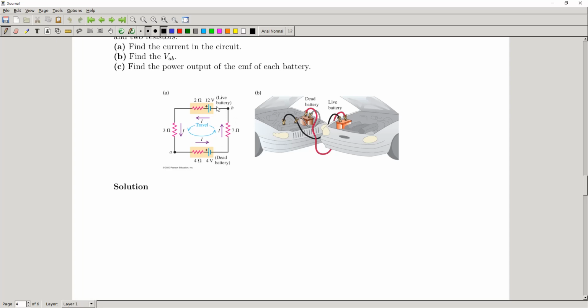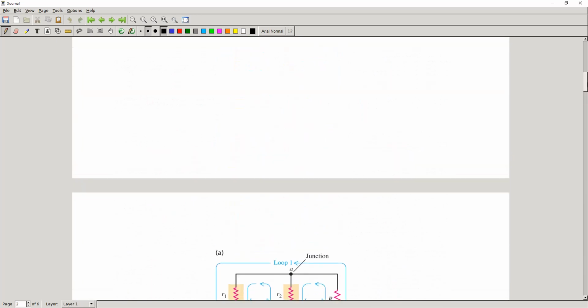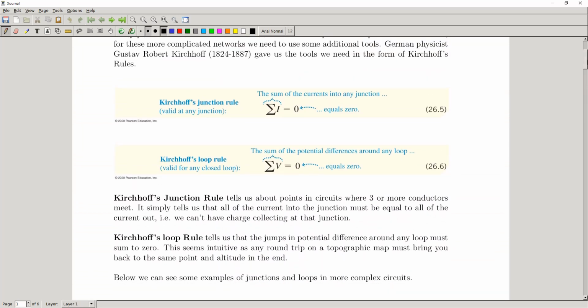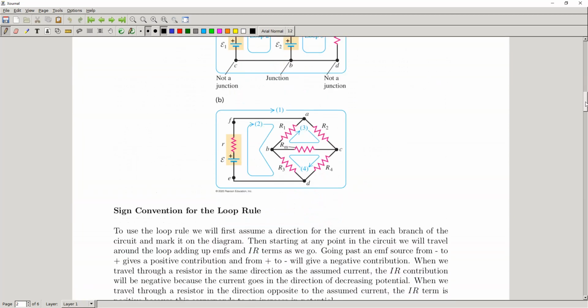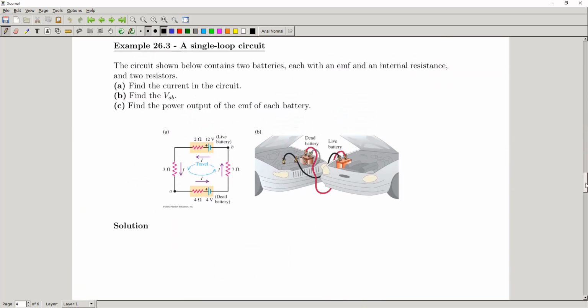So Kirchhoff's loop rule, which we have up here, is what we're going to be using, and it just tells us that the sum of all of these potential differences has to end up to be 0, right? And the potential difference terms are going to be EMFs and V equals IR terms, right?